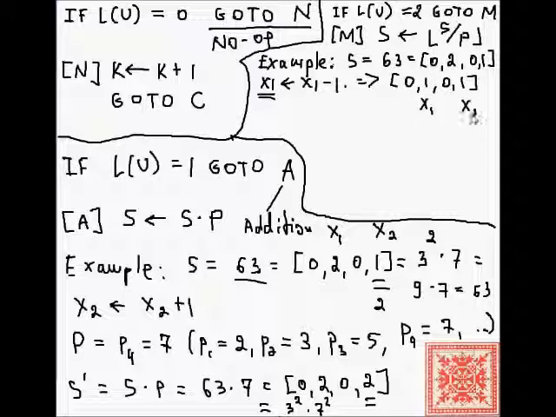The second prime, which is p2, corresponds to x1, which is the second in our state and in our variable list. So the next value of the state, s prime, will be 63 divided by 3, which is the second prime, and then floor.